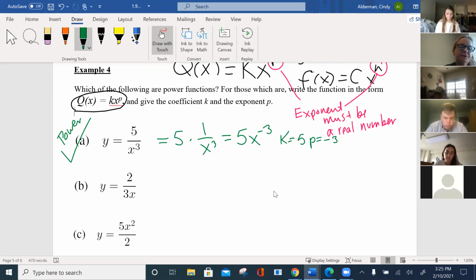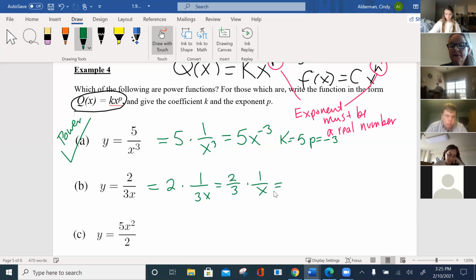And b is pretty much the same, right? You could write this as 2 times 1 over 3x, but we want the x to be all by itself. So another way you could write this is, that's the same thing as saying 2/3 times 1 over x.